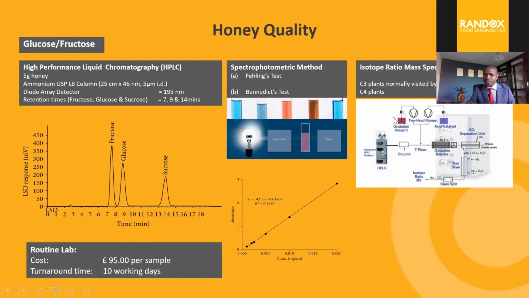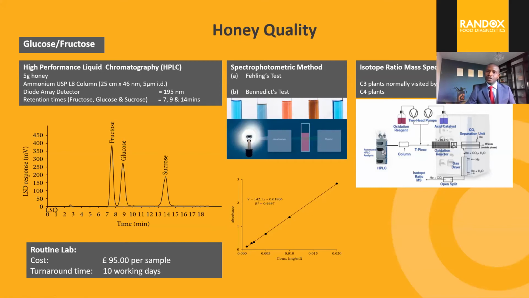In addition to this, when it comes to adulteration, if you've adulterated your honey with different types of sugars, you can actually check where these sugars are from. This is done by isotope ratio mass spectrometry. It will tell you whether those sugars are from a C4 plant, and what the composition of the C4 plant is in this particular honey.